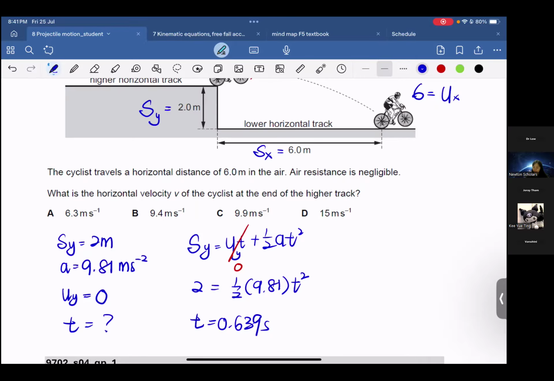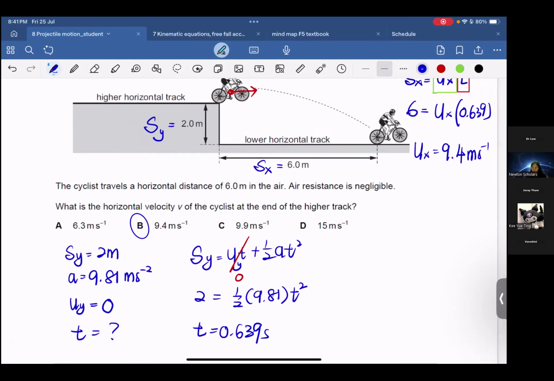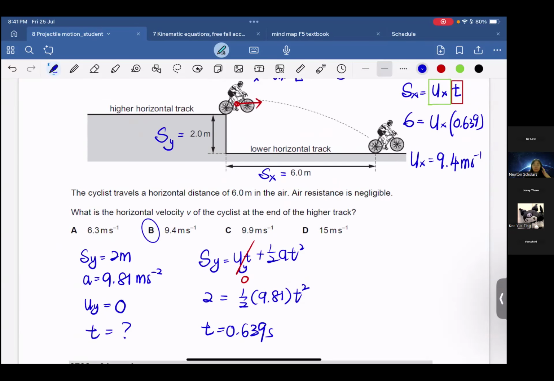Then this t, we can put in here, 0.639. So your ux will be 9.39, that means 9.4 meter per second. Okay, this is the working step. Any question?